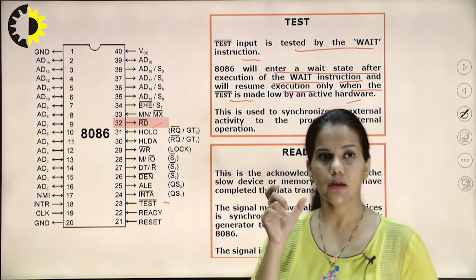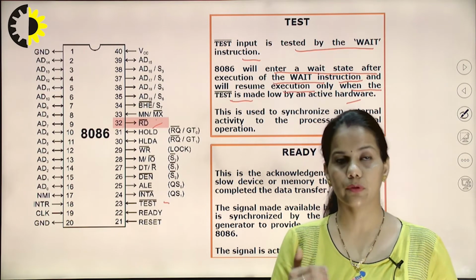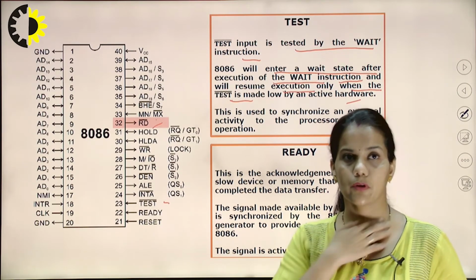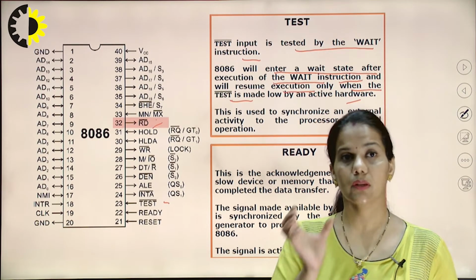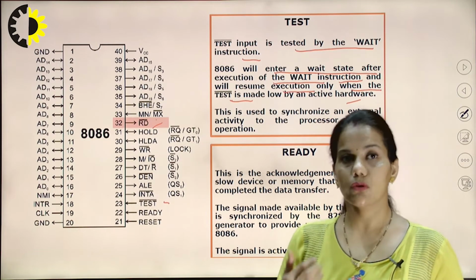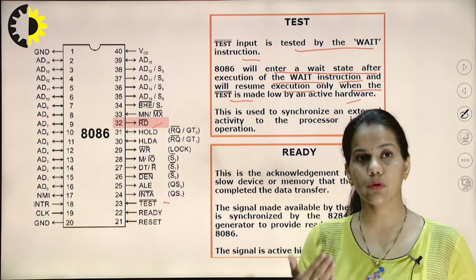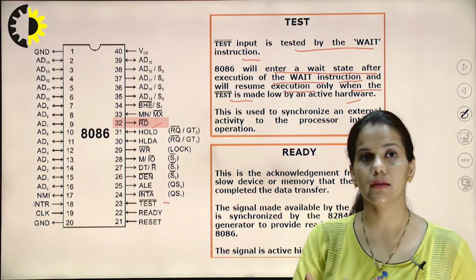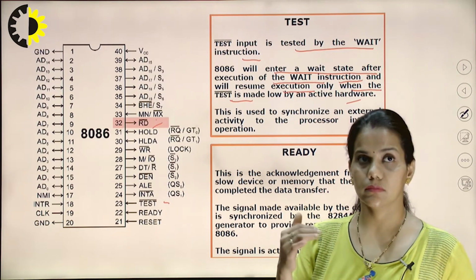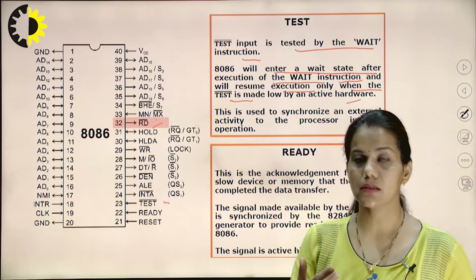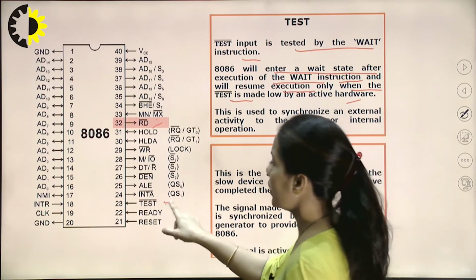So whenever instructions with the prefix wait are encountered in the coding, the processor enters into the wait state. After entering the wait state, the CPU remains in that state until the test signal is activated by some external hardware.